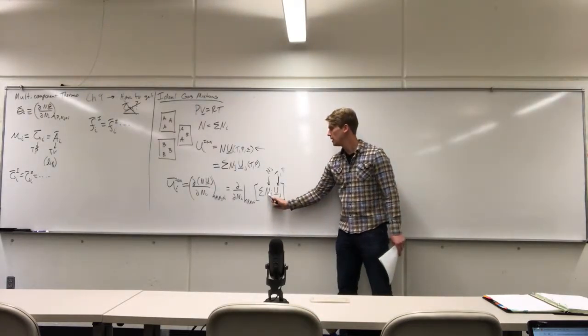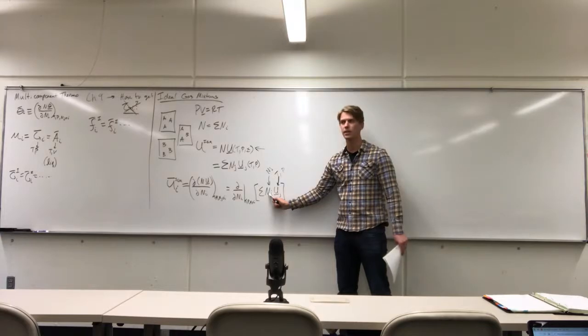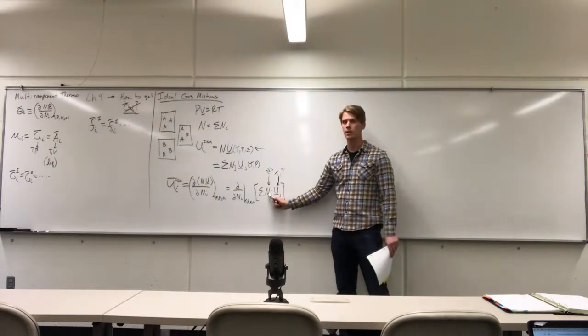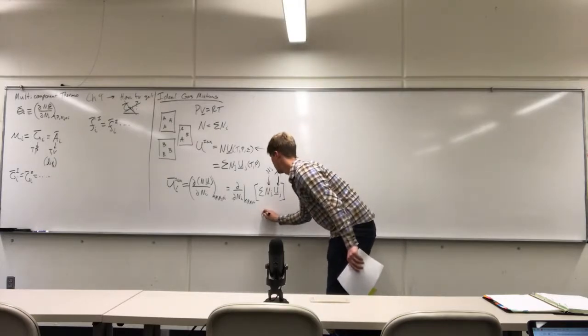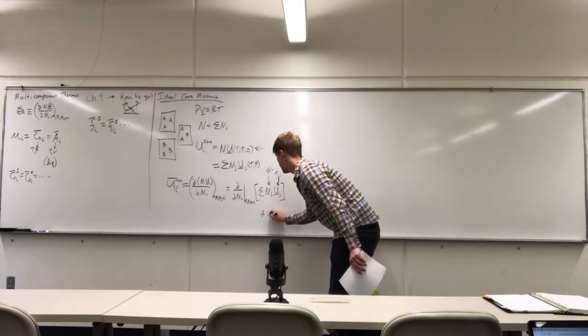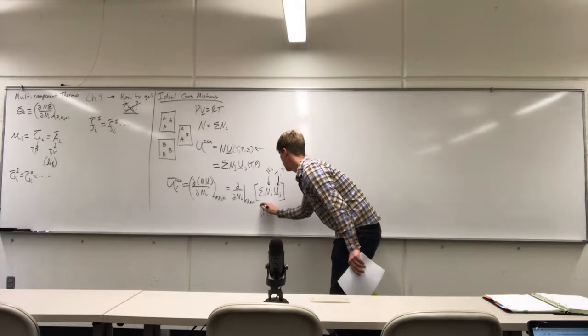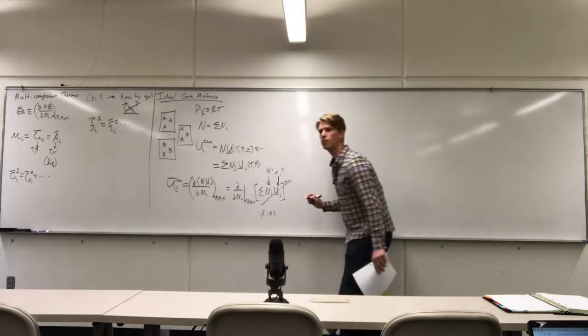And the derivative of N_J is always going to be zero except under which circumstance? Yep, so if I is not equal to J, this all goes to zero.